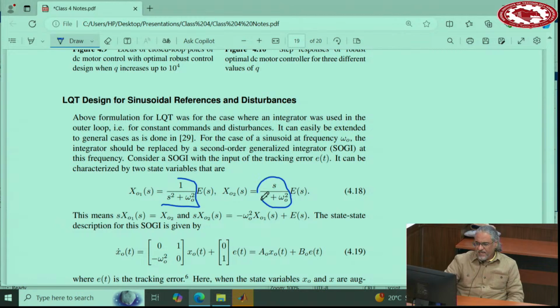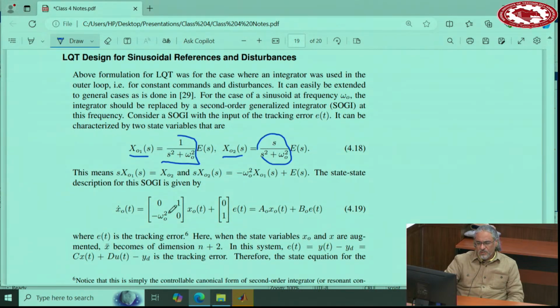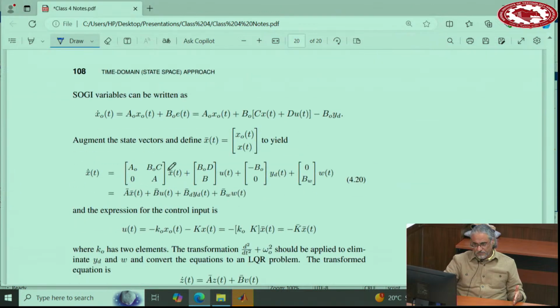So you will add 2 new state variables to your controller, and its state space description is this one. Now you need to augment this with the plant, which becomes now n plus 2. That's this one.